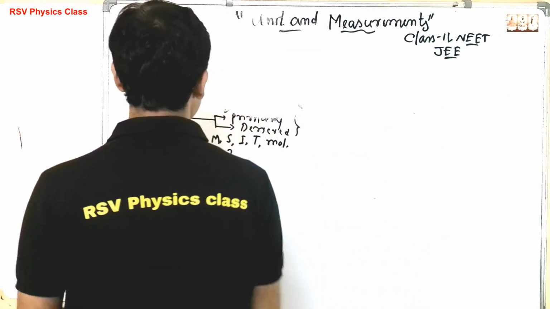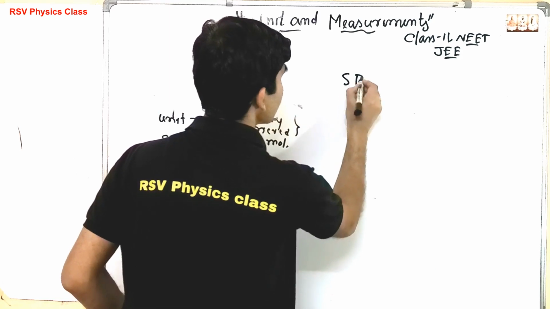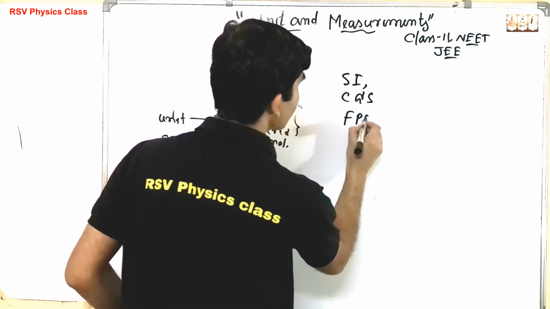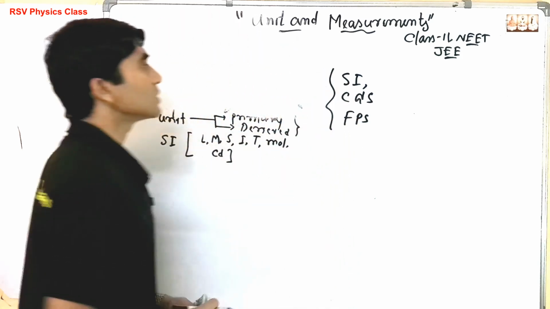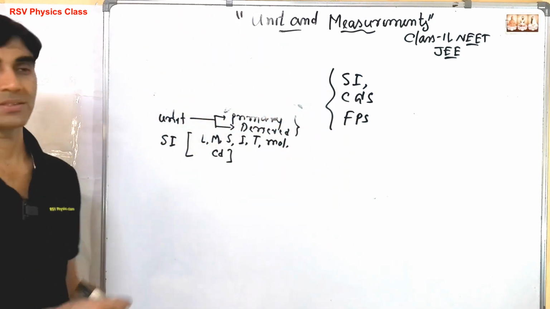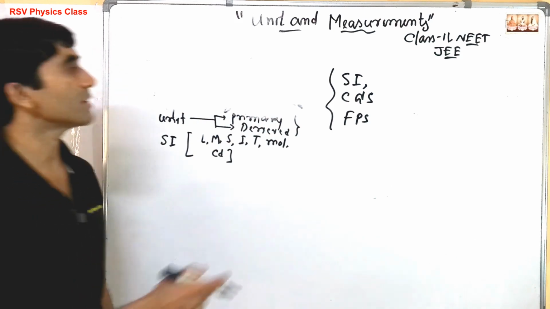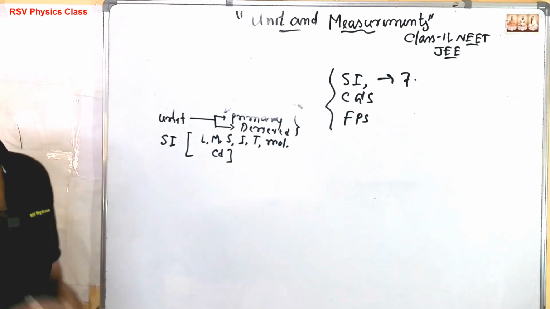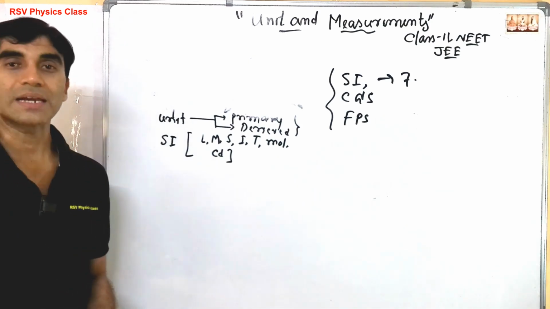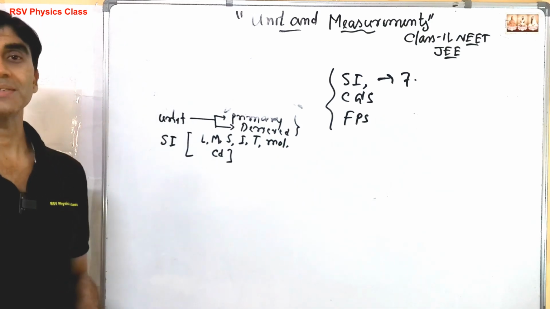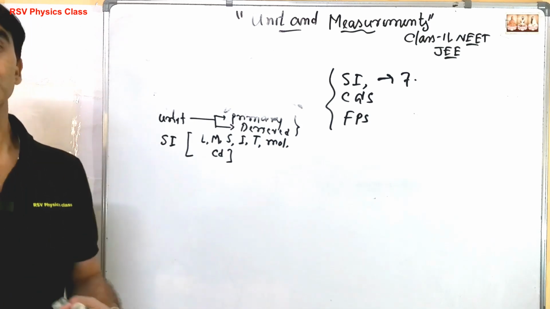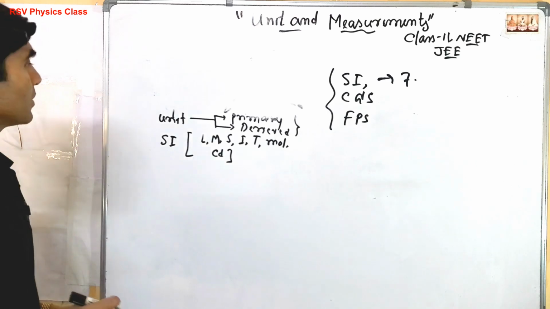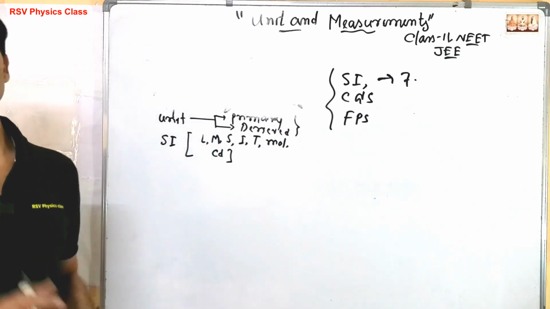SI, CGS, FPS. SI means Système International. In SI, seven primary units are there: length, mass, time, electric current, which is ampere, then temperature, the mole, and luminosity in terms of candela.